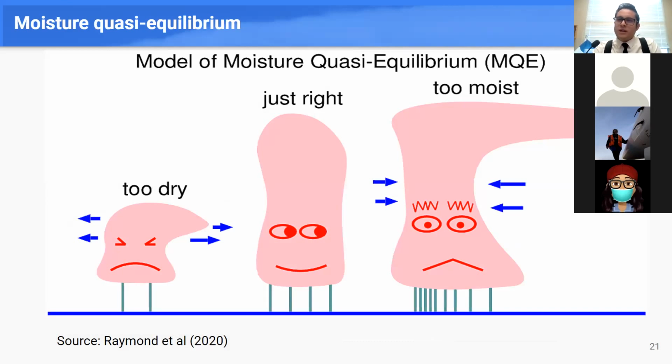There are three basic states of moisture quasi-equilibrium: when the environment is too dry, when it is just right, and when it is too moist. So consider that we have a given value of instability index, but the environment is too dry. Convection by parcels, because of that instability index, will ascend in that hostile environment. Entrainment goes into the picture now.